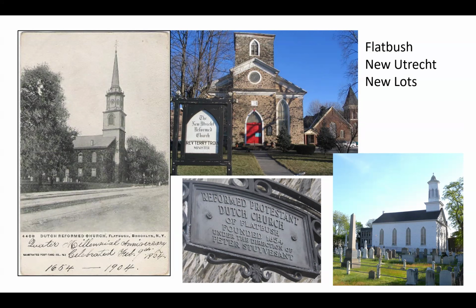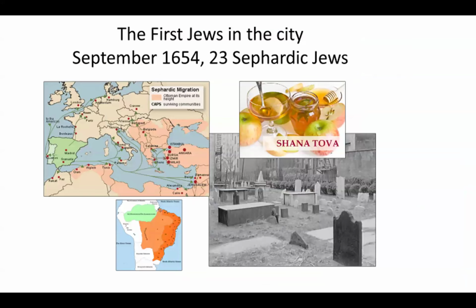The New Utrecht Reformed Church, the Protestant Church of Flatbush, always surrounded by their burial ground. The cemetery is separate. When it is a cemetery around a church, it is called the church's burial ground. And so the Dutch definitely put their imprint on the colony.